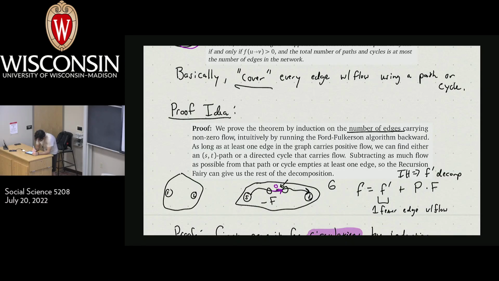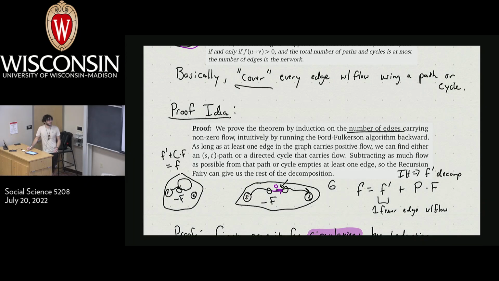So maybe we try to find a path from S to T, but we end up revisiting a node more than once. If we revisit a node more than once, we've found a cycle, and then again we just subtract F from everything on that cycle. And that will break one of the edges, and then we can recurse.